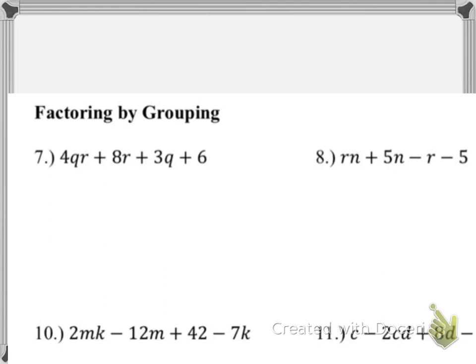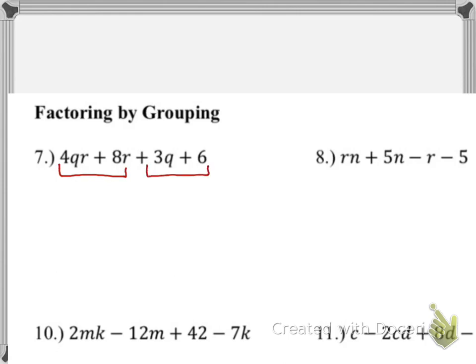So another form of factoring is doing so by grouping. So when we have 4 terms, what I can do is I can group the first 2 terms and the last 2 terms and factor out a GCF from there. So looking at number 7, what I'll do is I'm going to group the first 2 and I'll group the last 2.